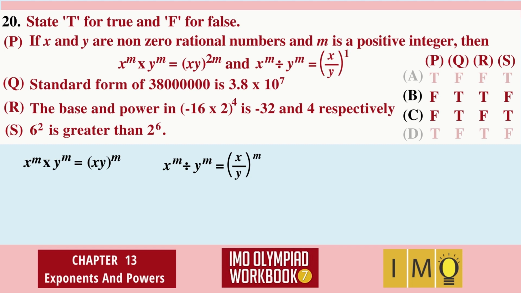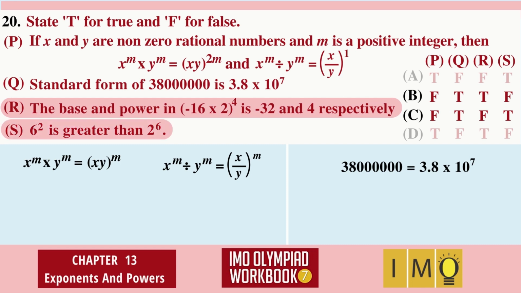Also, in options B and C, we can find that the statement Q is always true. So, instead of finding out statement Q, we can try to answer R or S so that we'll arrive at the correct option. Let's find out statement R. The base and power in (-16 × 2)^4 are -32 and 4 respectively.